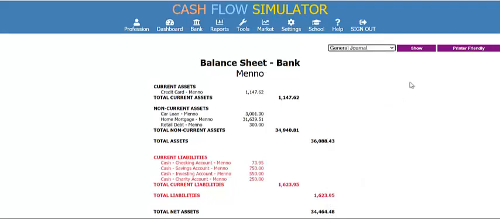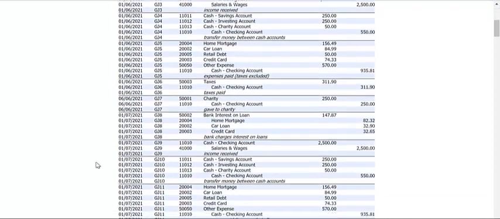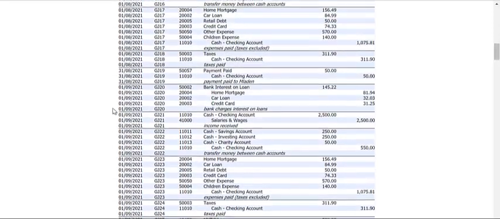So the general journal will show us exactly what's happened throughout the game. So I can see if there are any issues or mistakes. And the interesting thing is that the game, as I said, calculates time. So you can see that I paid taxes on the 1st of September. I did all sorts of different things.